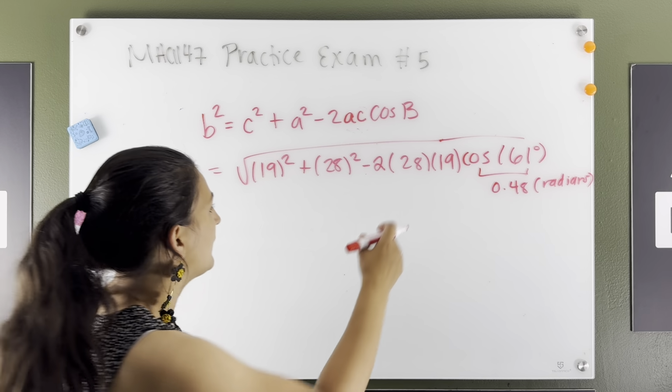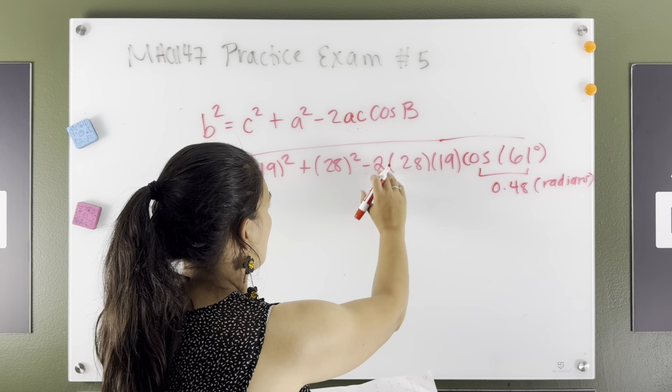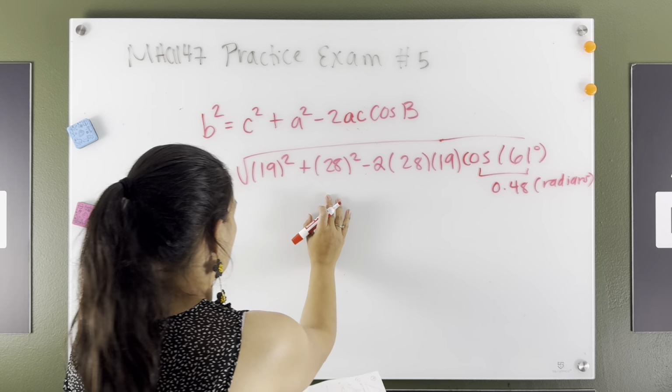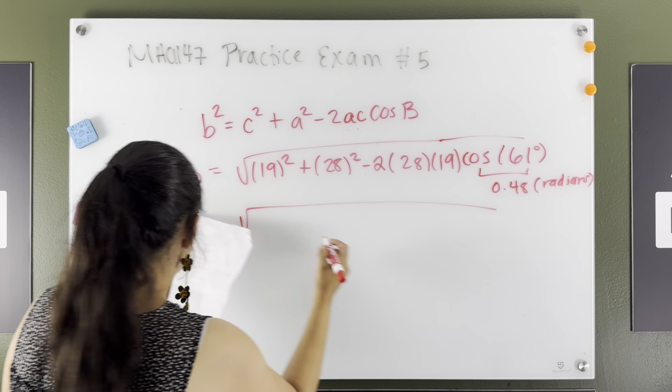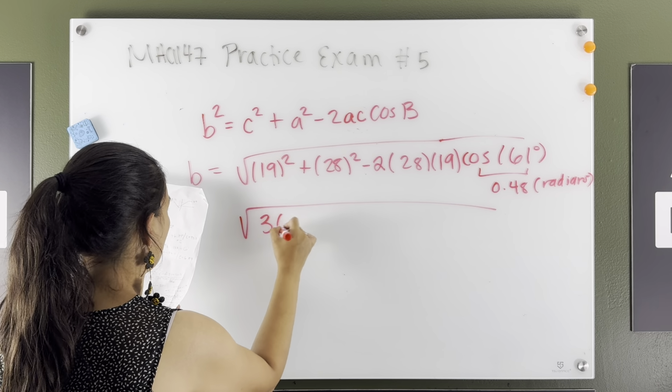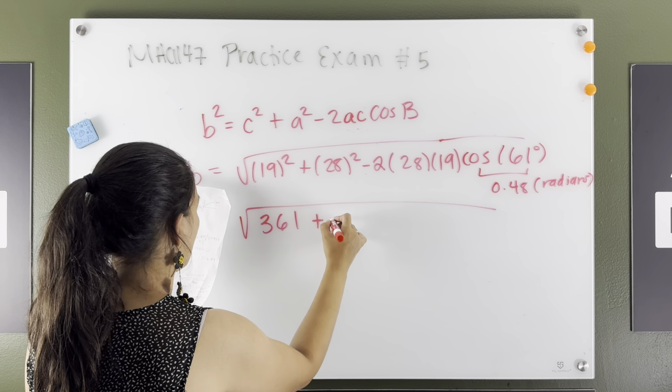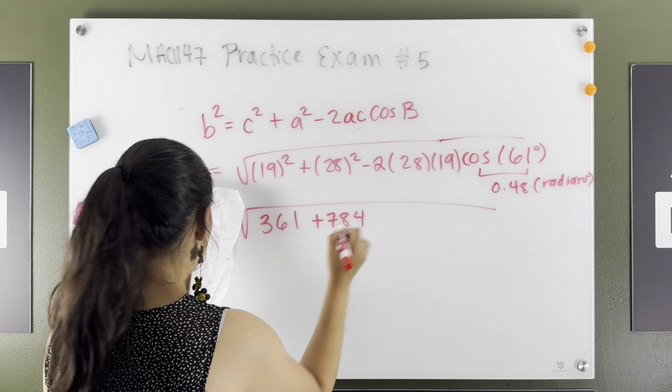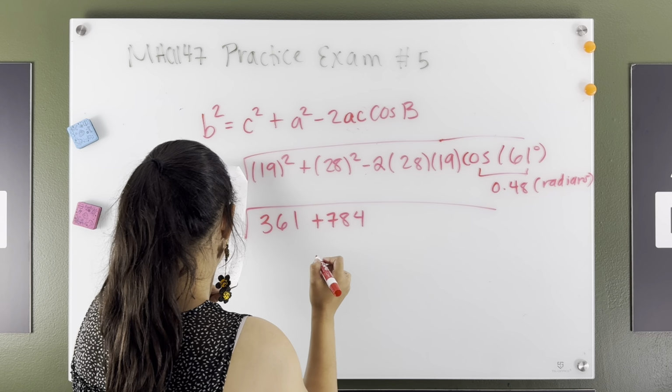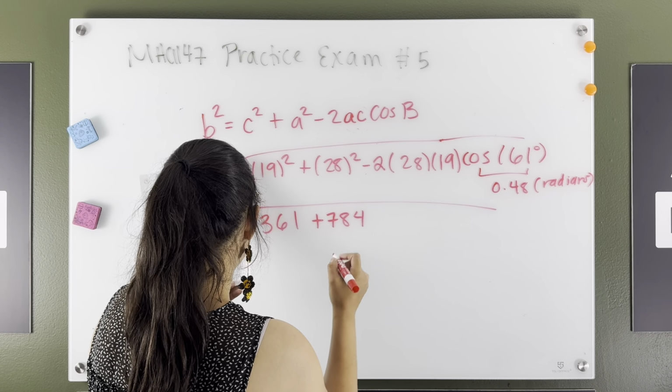And then you multiply that by the 19, the 28, and the 2, and you're going to subtract it from these numbers. So what's 19 squared? 361. 28 squared, 784. And then minus 629.60.